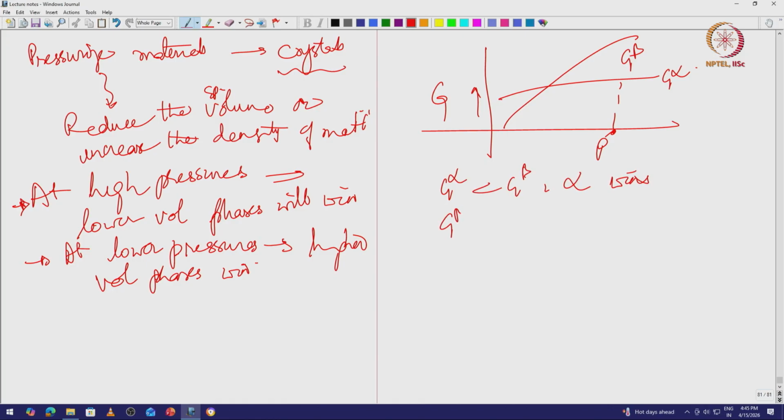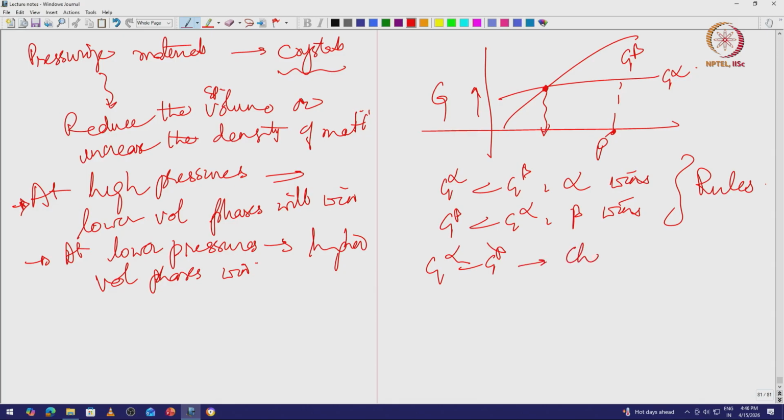If G beta is less than G alpha, then beta wins. So these are the thermodynamic rules, right. When is G alpha equal to G beta? That is this point. That is where I have an equilibrium, a chemical equilibrium between alpha and beta. Nothing wins. This is my equilibrium point. Okay.